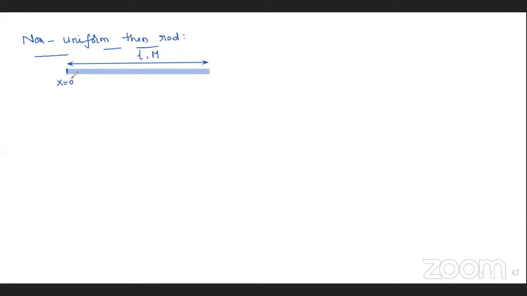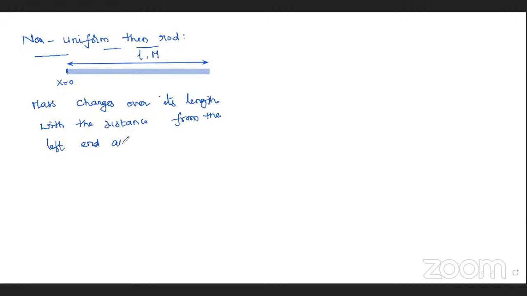From one end, the mass changes over its length with the distance from the left end as, he says, the linear mass density lambda is equal to, they give like, A plus bx.